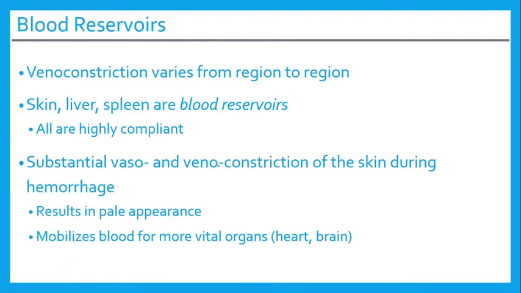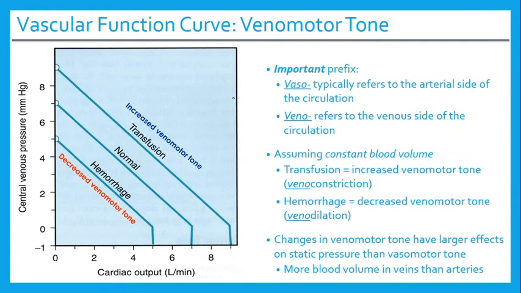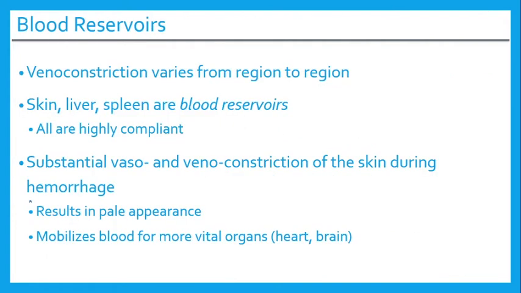So now what I would like to do is tie in this last slide, the function that we were talking about with venoconstriction, to how it increases preload. How does venoconstriction ultimately lead to an increase in central venous pressure? Let's start off first with the fact that venoconstriction varies from region to region. Areas like the skin, the liver, and spleen are blood reservoirs, meaning these are highly compliant regions of the body.